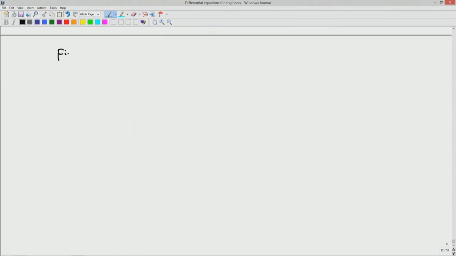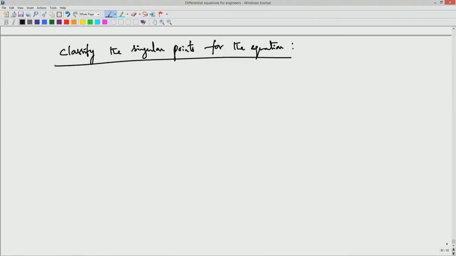Okay. Let us look at some other examples. Let us see only what the equations are. You can have problems like finding or classifying the singular points for the given equation.